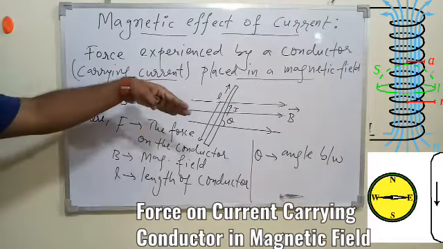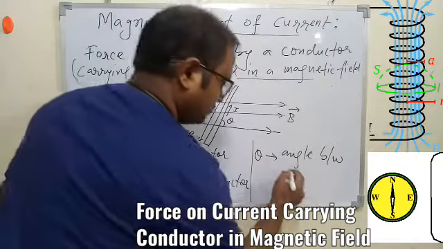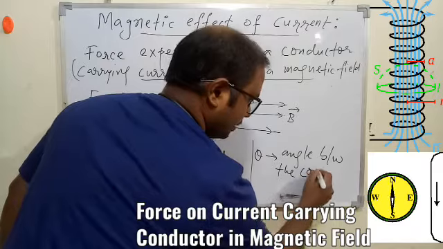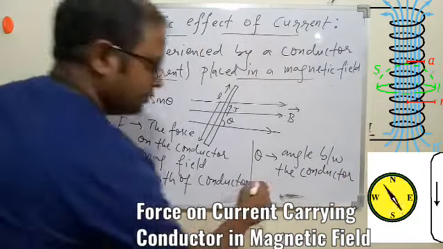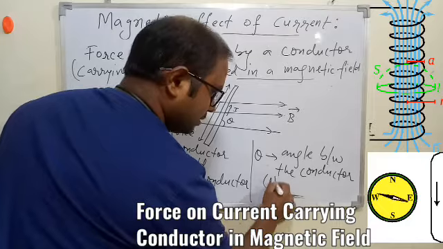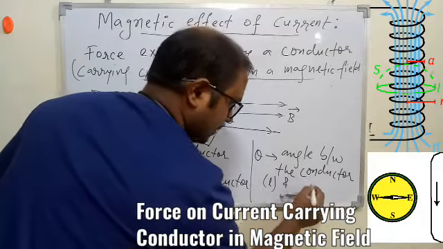The conductor and the magnetic field. The conductor, that is we can say the length, and B.